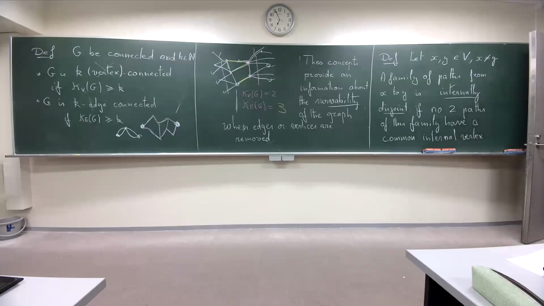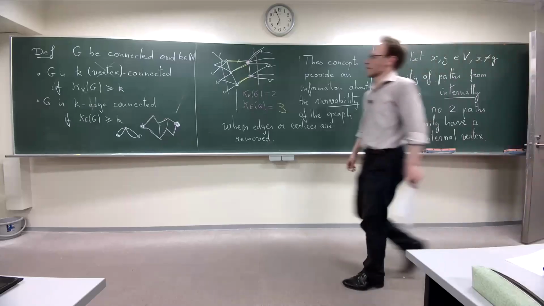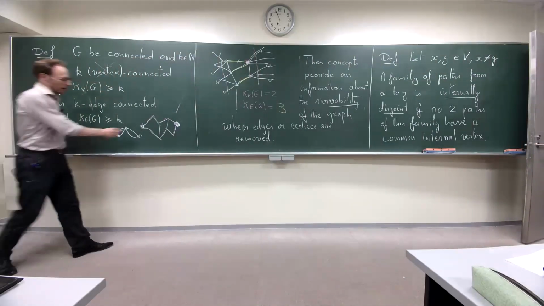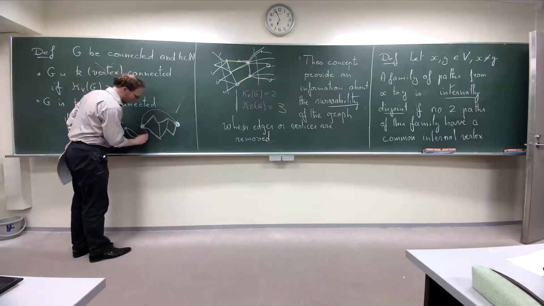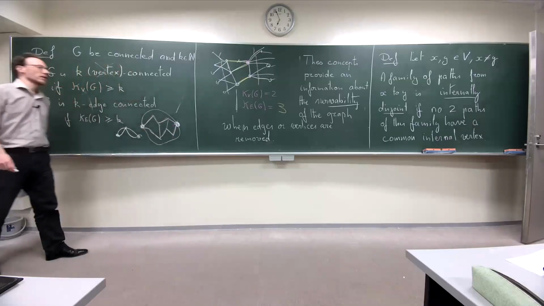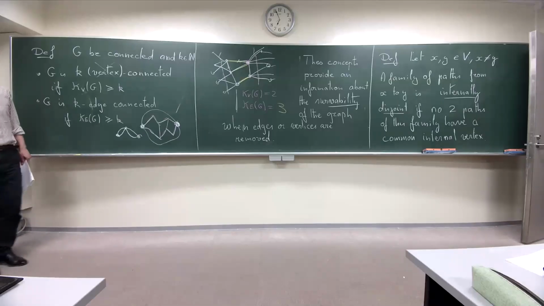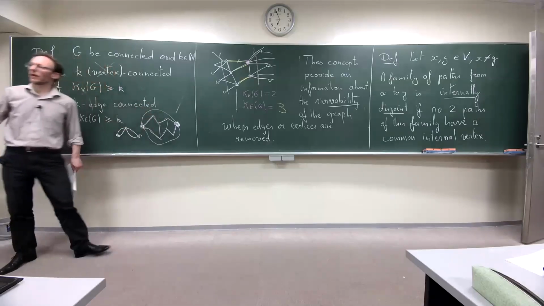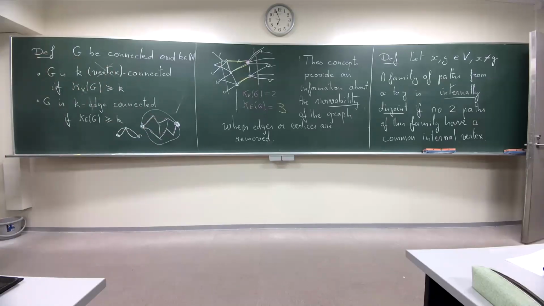Please think about this definition. A family of paths between 2 points is internally disjoint if whenever you take 2 paths, no matter which ones in this family, they have no common internal vertex.